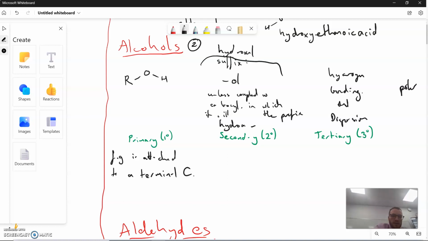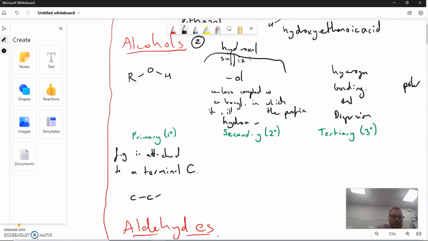Yeah? So an example of that, butan-1-ol, is an example of a primary alcohol.